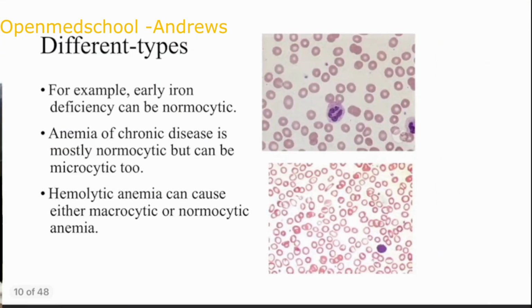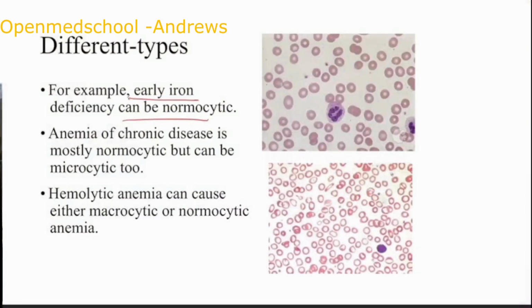Now, always remember that different types of anemia can also occur in the same patient. For example, early iron deficiency can lead on to normocytic anemia. So iron deficiency produces not only microcytic anemia; in a mild iron deficiency you get a normocytic anemia.